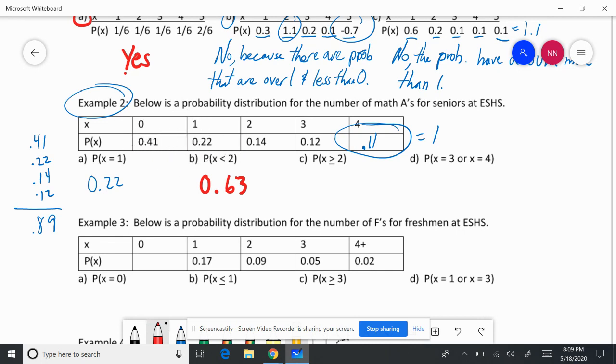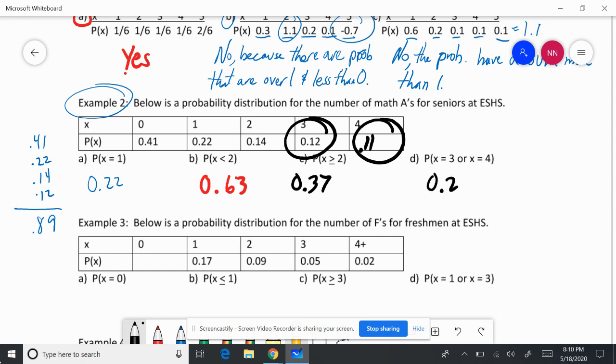Since it's an equal, that means that we include the 2 and everything greater than 2. So when we add up each of those, what we get is 0.37. Now for the last one, we have to show that it's either 3 or 4. So 3 or 4.